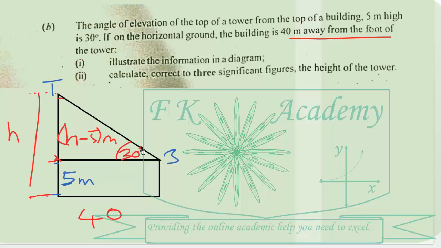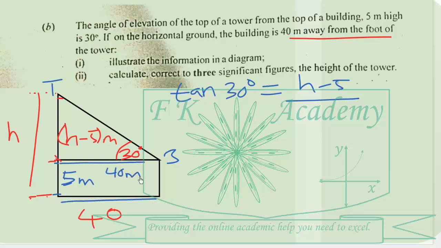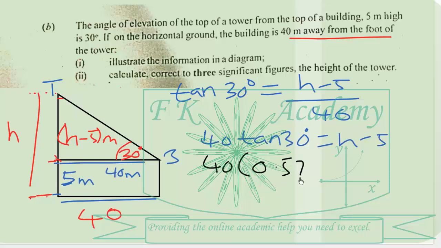So with this, we can form an equation using the tangent ratio, which will help us to solve for h. So we have tan 30 equals opposite over adjacent, which is h minus 5 over 40. So we cross multiply, we multiply through by 40. Then we can find the decimal equivalent of tan 30, which is 0.5774.